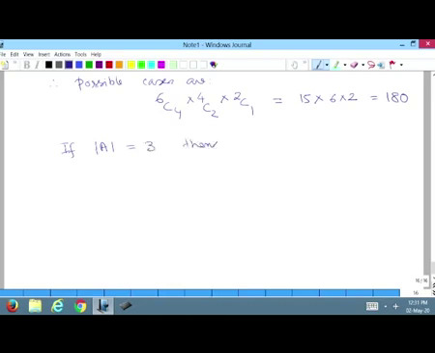Now, cardinality of A is equal to 3. Then cardinality of B has to be 2, and A intersection B should have only one element.